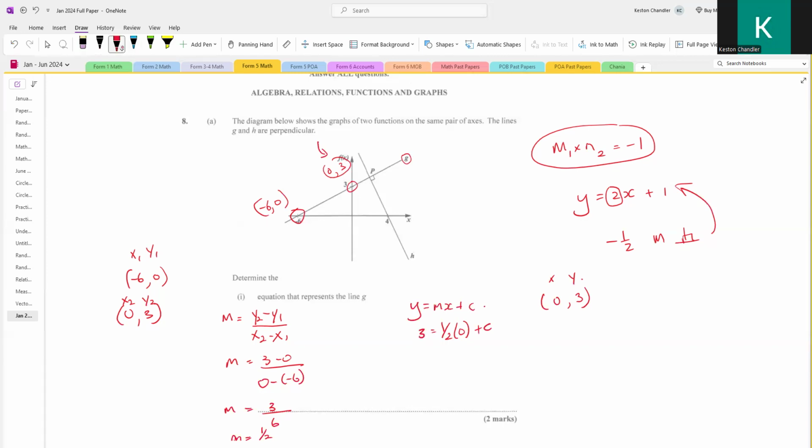What will happen is that you will get a half by 0 is 0, and c plus 0 is c, right? So the value of c is 3. So it means the equation of the line is going to be y = 1/2 x + 3. Gradient is a half. Here we found the value of c by substituting these 2 points into the equation where we knew the gradient after calculating it out was a half.